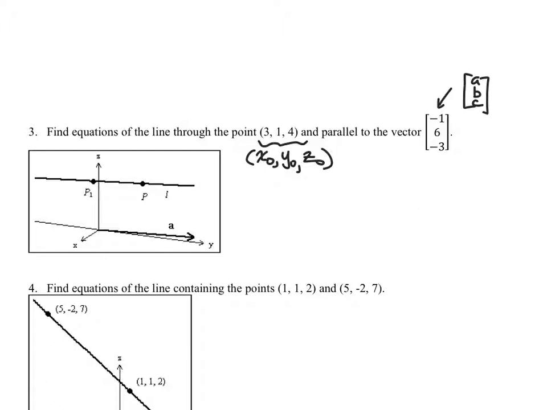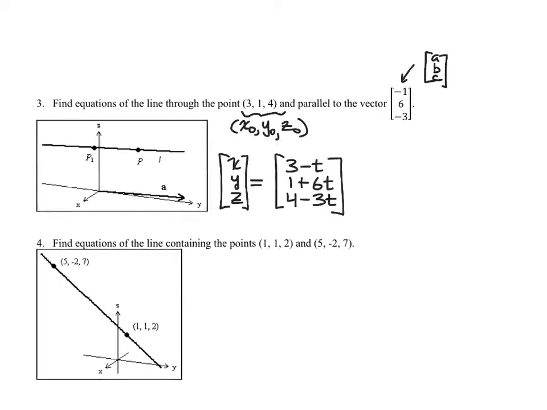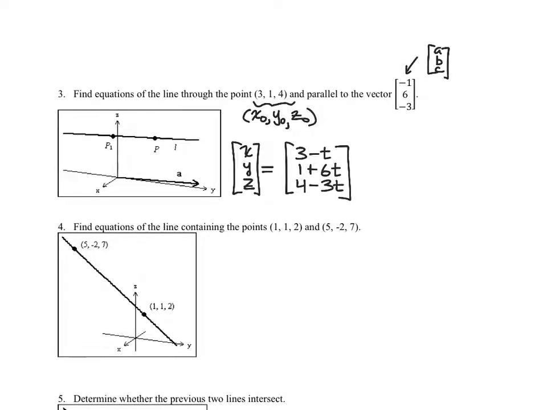If I want to write my equation of a line, it's going to be x, y, z equal to, I'll write it in vector form, 3 minus t, 1 plus 6t, and 4 minus 3t. All right.